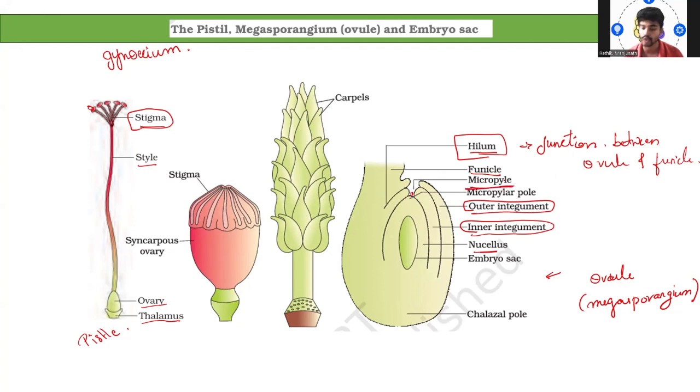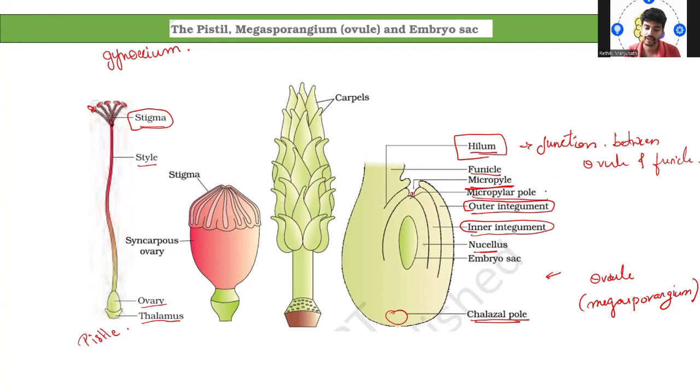That opening is called the micropyle. This micropyle will always be opposite to the chalazal pole. If this is the chalazal pole, opposite to it the micropyle region will be present, and below the micropyle you will see the micropylar pole.